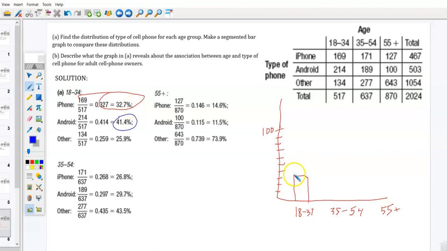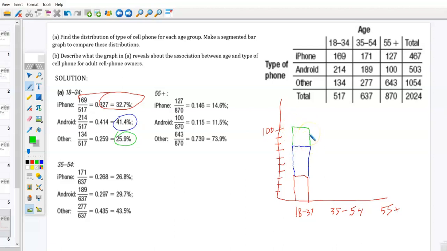So we go up from 32 plus 41 is 73-ish, 74-ish, somewhere in there. And this one, 25.9, so the rest of it would be all that one.